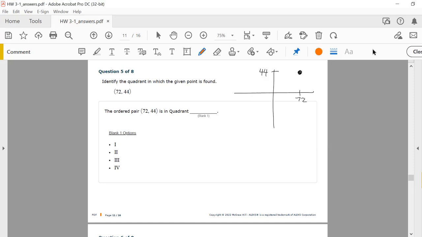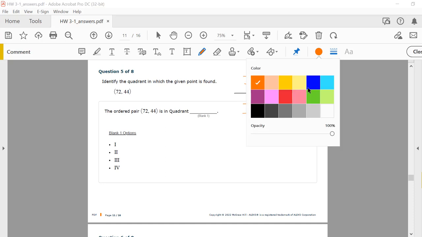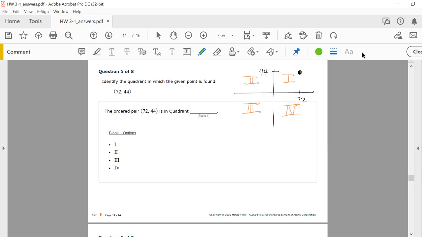Now to label the quadrants, 1, 2, 3, 4. It's always in that order. And I kind of think about it as a big C. This is the coordinate system. So you start in 1, you go to 2, 3, 4. So this point is going to be in quadrant 1.